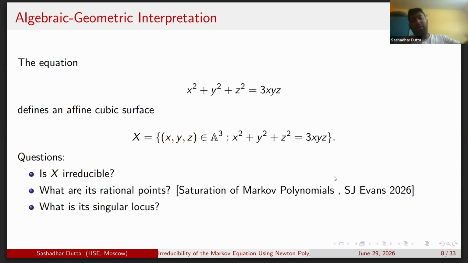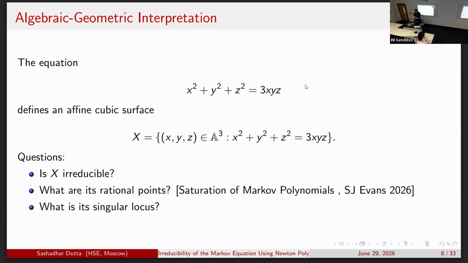They discussed that we cannot find all the rational solutions of Markov equations, etc. But they were discussing some solutions, I mean, some ideal solutions of the Markov equation, in this paper, the saturation of Markov. Okay, thank you.